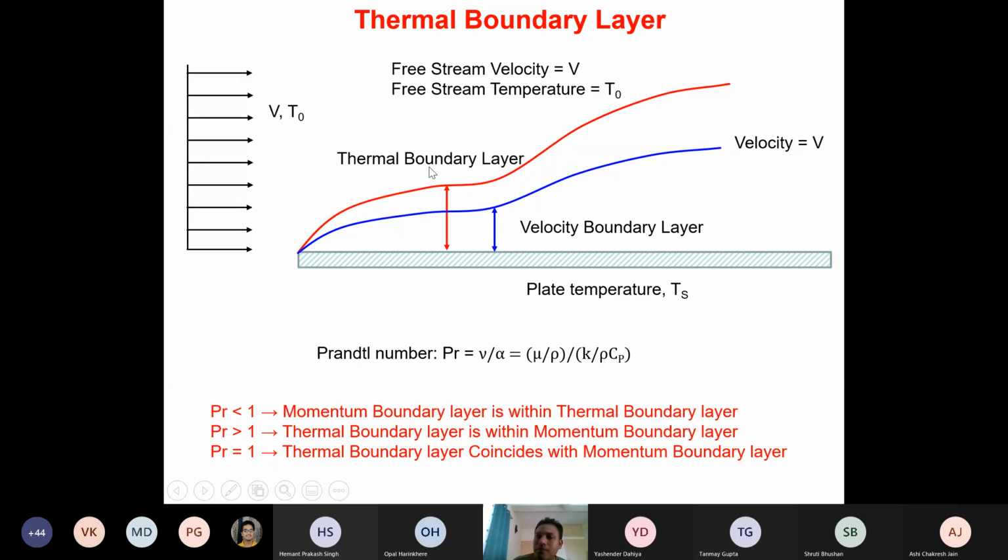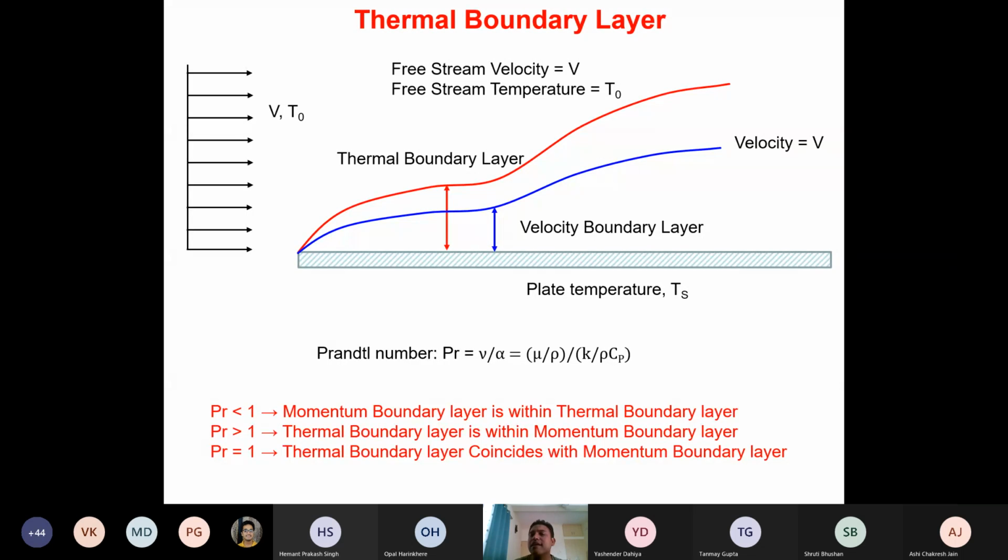Another thing to note down is that the thickness of the thermal boundary layer depends on another dimensionless number, the Prandtl number. What is the physical significance and how it is defined, we will see in a subsequent class, maybe today or maybe next class.